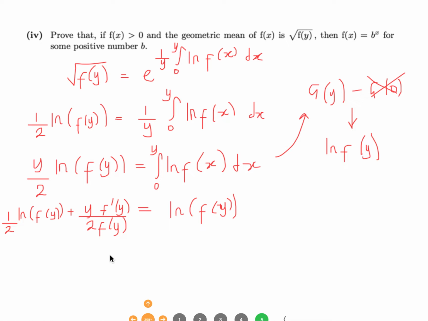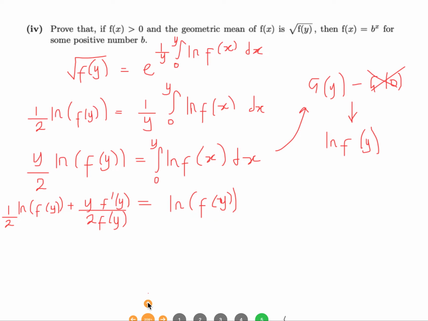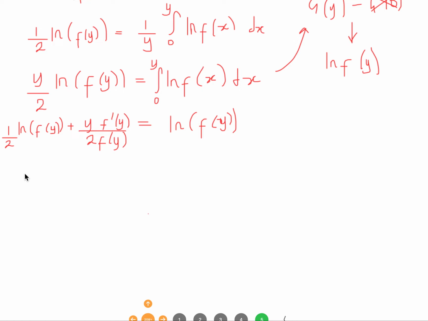Let's multiply everything by 2, might be a good idea. So we'd end up with ln of f of y. You know what, I'll try and be smart and just get rid of that 2, get rid of that 2, and just stick a 2 here. Well, actually I'm going to put it up there.